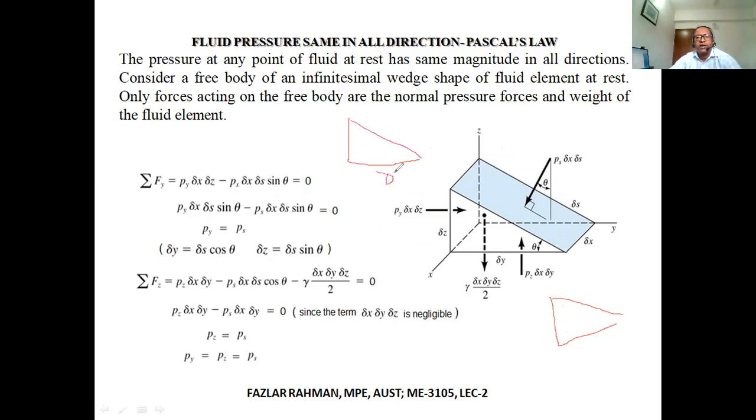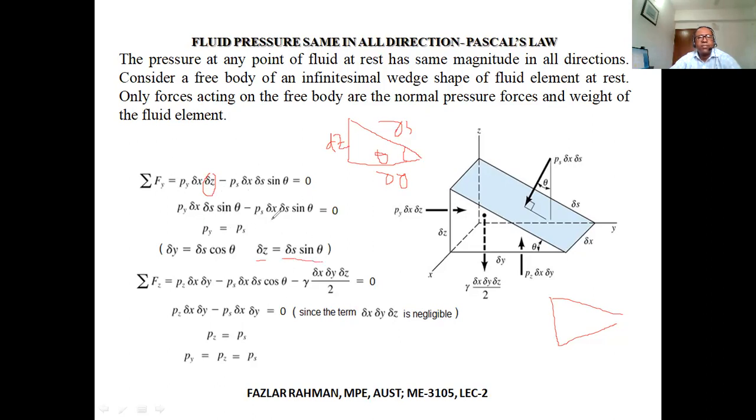This is delta y, this height is delta z, this is theta, and this one is delta s. If you apply sine theta, I would like to take out this delta z. So delta z equals ds into sine theta, or you can say sine theta equals dz by ds. So this dz is substituted by this value.